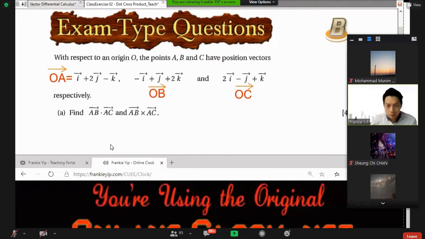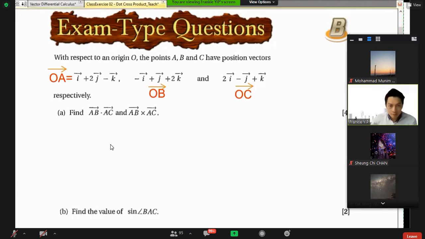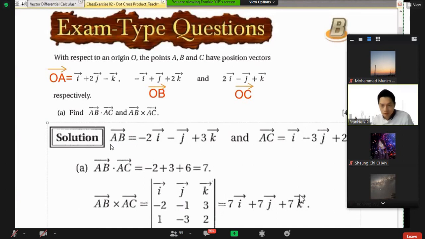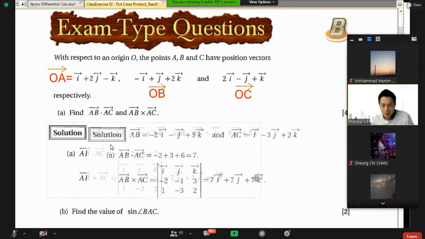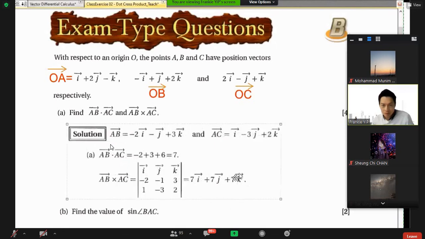Okay, so first of all, you formulate the AB vector and AC vector first.